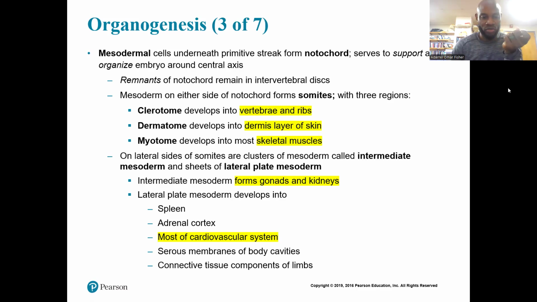Lateral plate of the mesoderm forms spleen, adrenal cortex, cardiovascular system, right? So ectoderm, outer layer of skin, nervous system. Mesoderm, vertebrae, connective tissue layer of skin, skeletal muscles, kidneys, spleen, adrenal cortex, cardiovascular system, connective tissue of limbs.